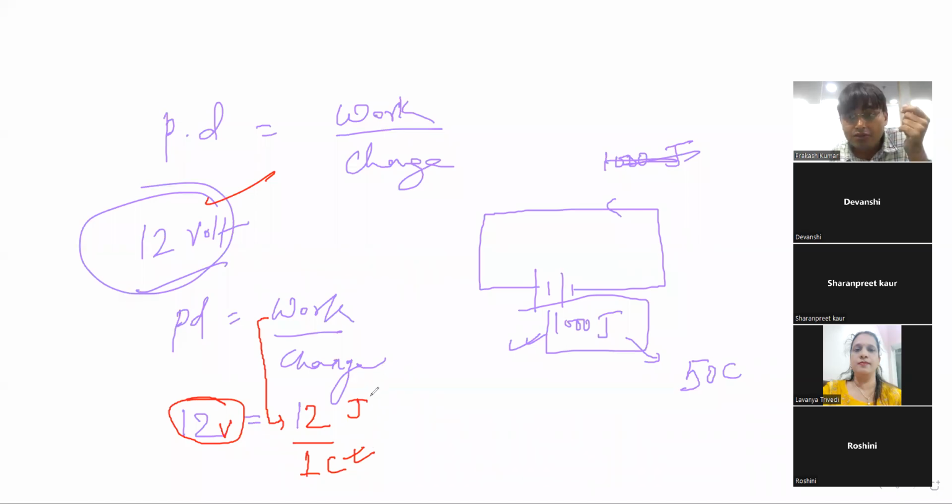How much work will it do on 1 coulomb? 12 joules. It means the battery tells you, for 1 coulomb I will provide 12 joule, and so its capability is 12 volt.